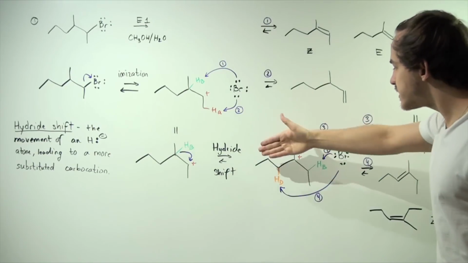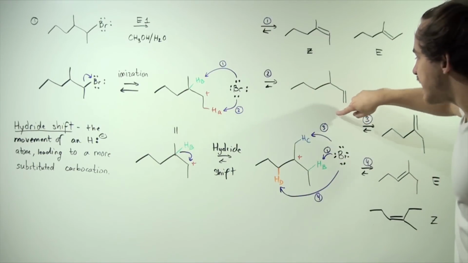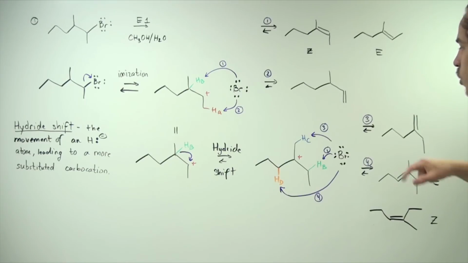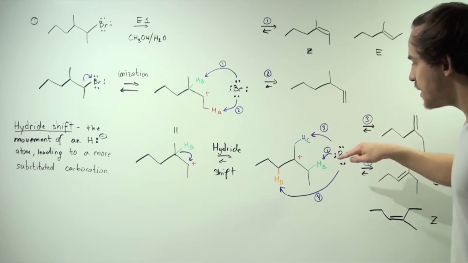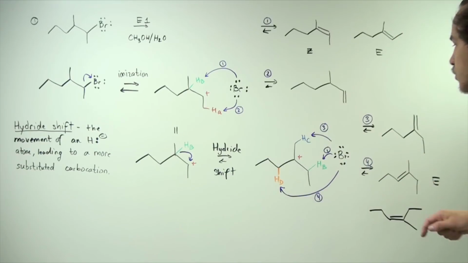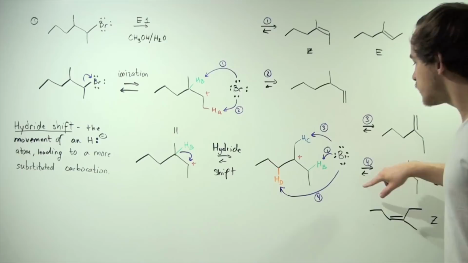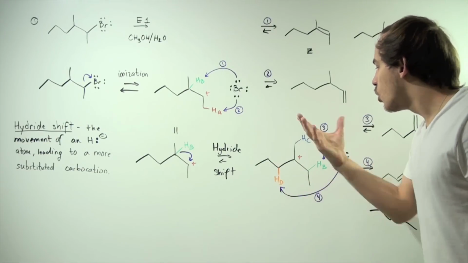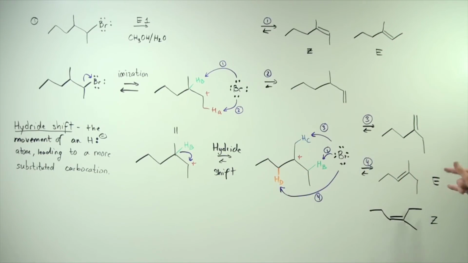Now we have 2 different steps that we can take. If we take pathway 3, if our lone pair of electrons on the bromine takes away this HC, the following less substituted product is formed. On the other hand, we can also take off this HD atom. If HD is taken off, once again we form a mixture of Z and E isomers.